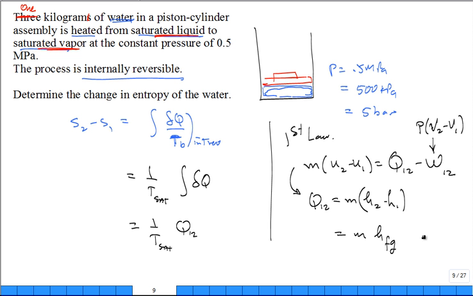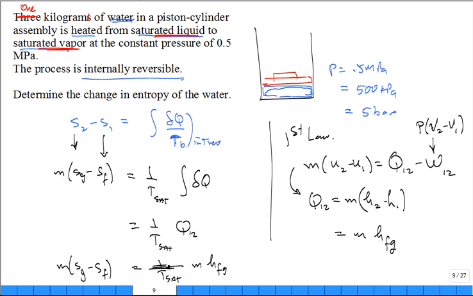So we can now put over here that this is equal to 1 over T_sat times m times h_fg. That will give us m times S2. State 2 was s_g. What was state 1? Saturated liquid, s_f. So s_g minus s_f.